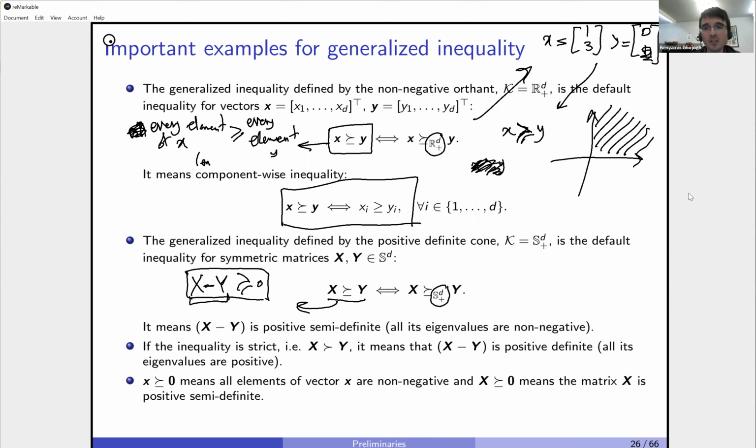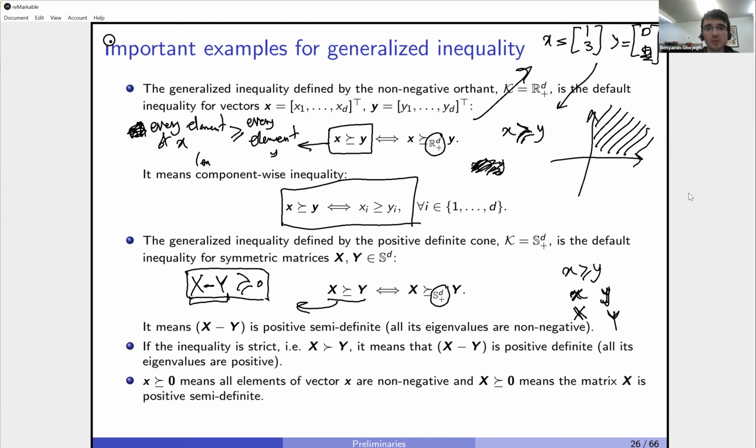Now you can see what we had. We had inequality for scalars, right? If X and Y were scalars. But now if they are bold, if they are vectors or matrices, we can also define inequality between them: inequality between vectors, inequality between matrices.